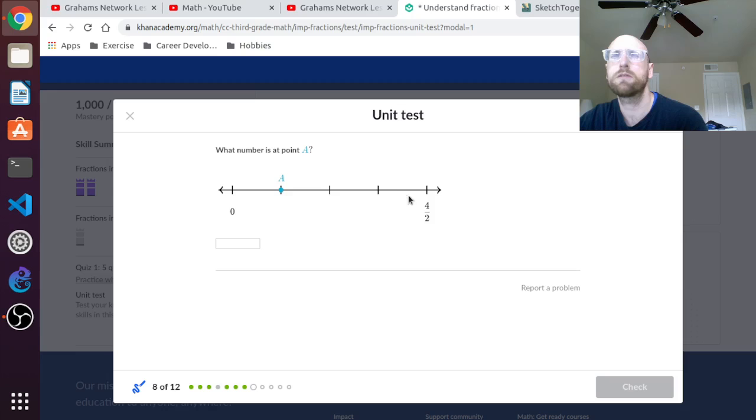No, that's not going to be the answer. So let's not think of this as a fraction. Let's simplify this. So this is going to be 2. So this is going to be 1. So 0.5.